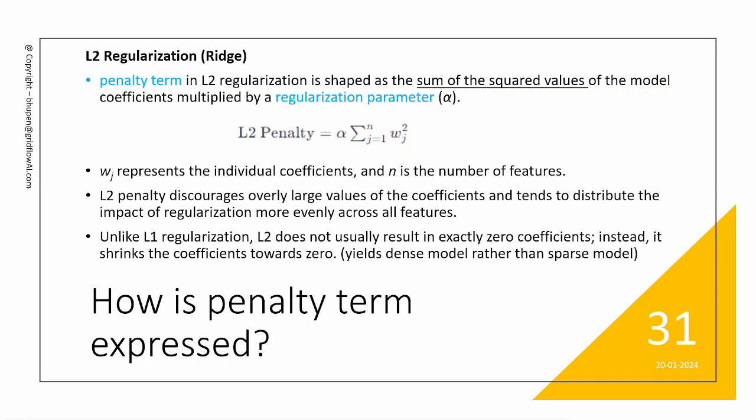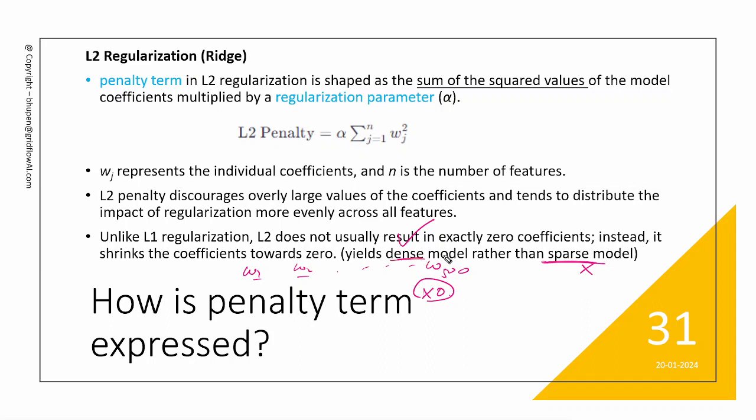So what does it mean? You have, let's say, W1, W2 up to W500. This will not give you a sparse model, but a dense representation. Every coefficient will have some value. None of them will be zero. So this is a dense representation.